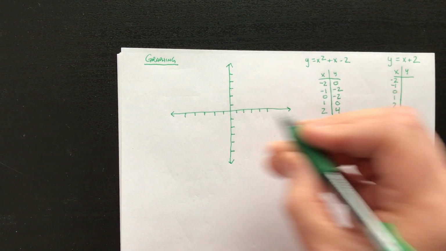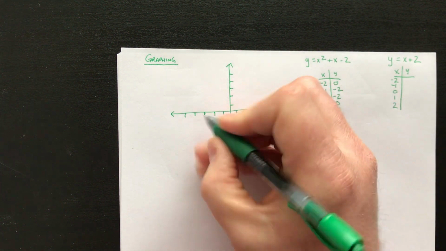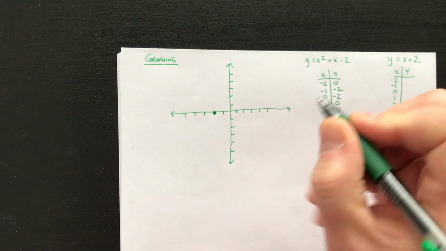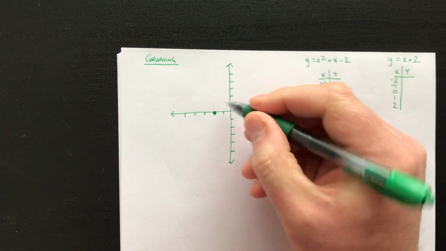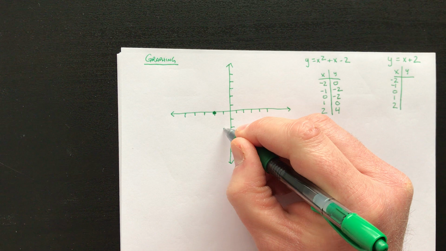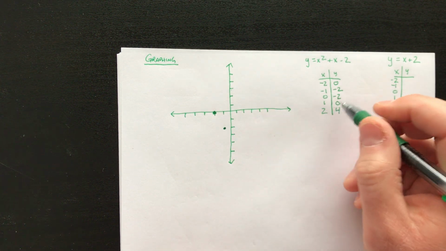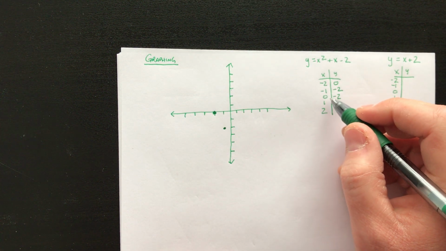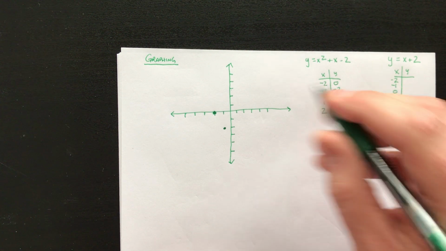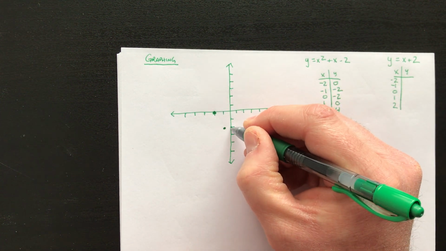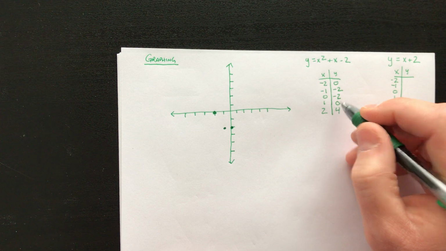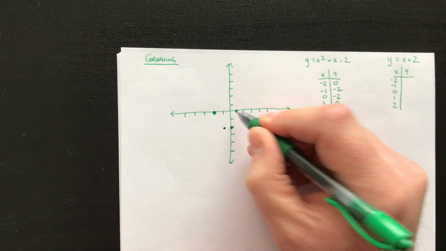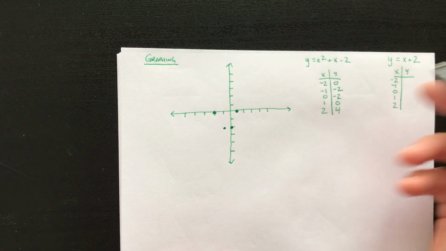So negative 2 comma 0 is right here. Negative 1 comma negative 2. And then we have 0, negative 2, 1 comma 0, and 2 comma 4.